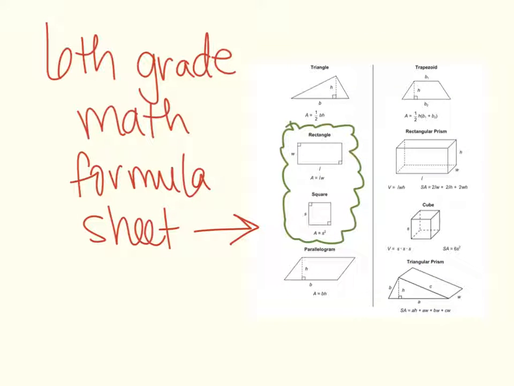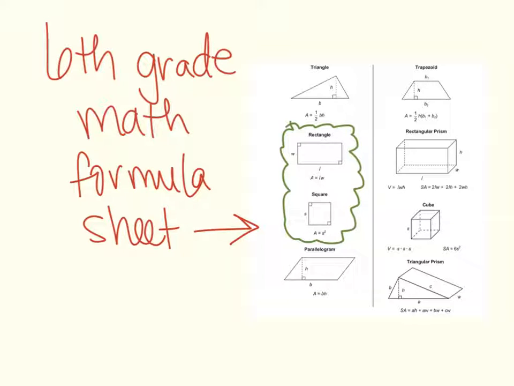So let's just talk quickly about the formula sheet that you should have in your possession. I believe that yours is coral colored, so that you can easily find it in your binder and refer to it while we're working through this unit. Today we're going to specifically look at the area formula for a rectangle and the area formula for a square.